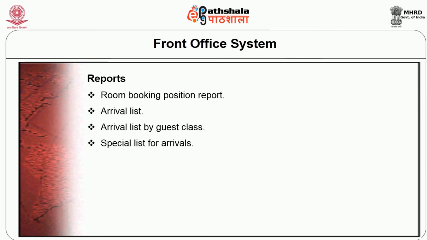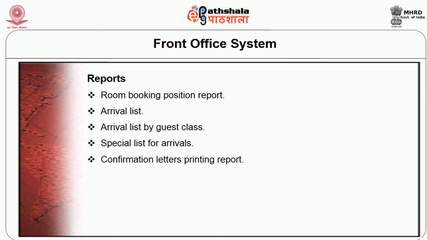The special list is a list of important persons of the city or country, say for example political leaders coming to the hotel, or any cine actors coming to the hotel. So you will have a separate special list for all these arrivals, so that you can make prior arrangements you need for receiving the special persons.